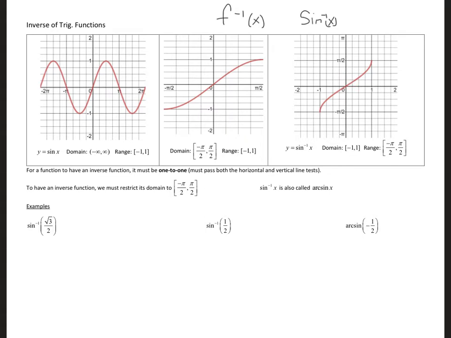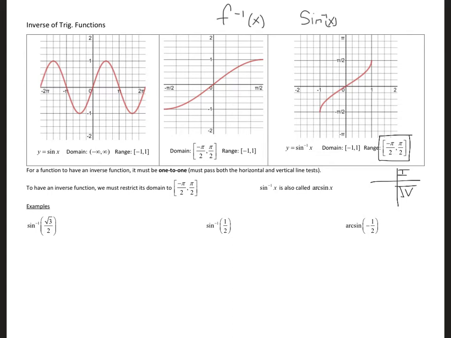And what I want us to notice here is that the inverse is defined only in 2 quadrants. And these quadrants are going to be, remember, in this range, this is the range where the domain is defined. And this is quadrant 1, and quadrant 4.